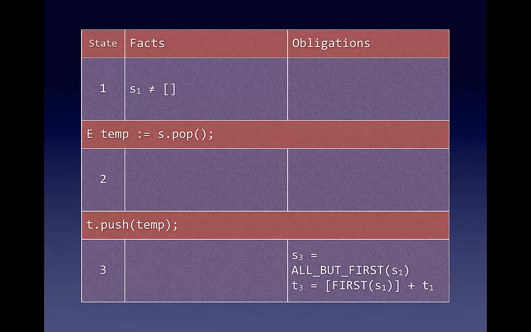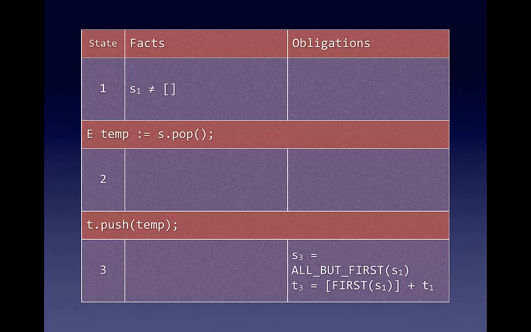From the last slide, we have already filled in two cells in this table, the first facts and the final obligations. The first facts always come from the precondition of the operation we're trying to prove correct, and the final obligations always come from the postcondition of the operation we're trying to prove correct. In this case, that operation is transfer top.